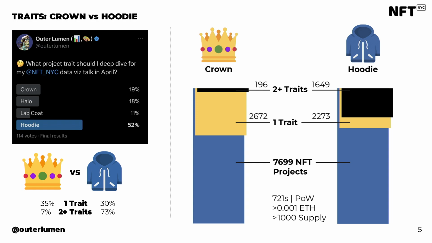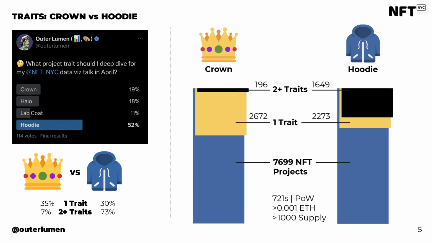I think the most interesting insight I found is that there were 2,600 or so projects that had one trait for crown. And for the hoodie, it was about the same, so 35%, 30%. But what was interesting is when I looked at projects with more than one trait, of course, the crown appears way less, right?